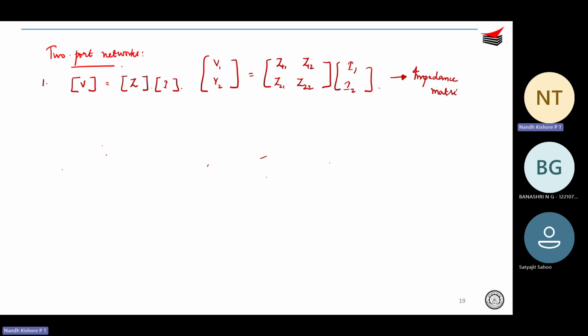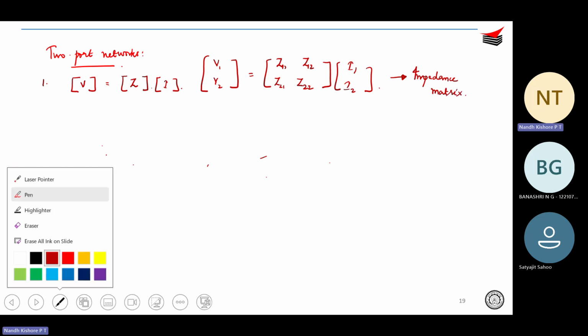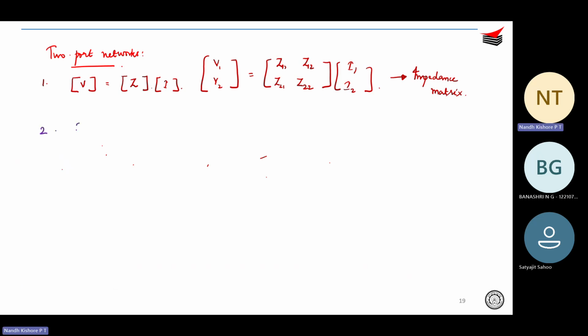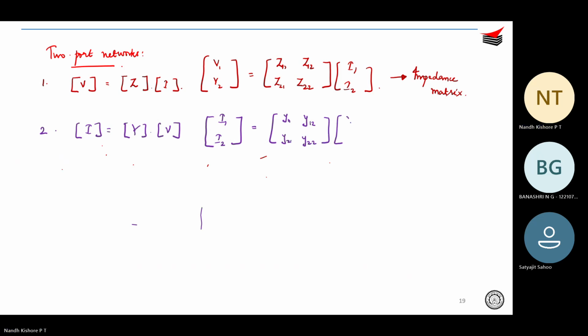The next thing that we would require is your admittance matrix, which is I is equal to Y into V. So I1, I2 is equal to Y11, Y12, Y21, Y22 into V1, V2. So this is your admittance matrix.